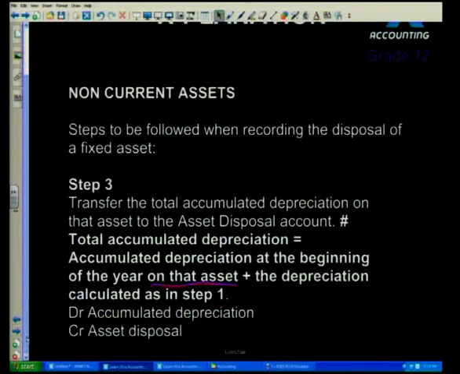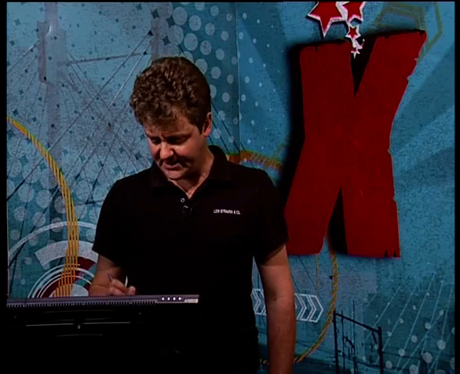Step 3 says that we should transfer the total accumulated depreciation on this asset to the asset disposal account. Now it might seem that we can't do that because we haven't been given the depreciation rate. But there is another important piece of information that has been given to us in this question that will help us do exactly this.